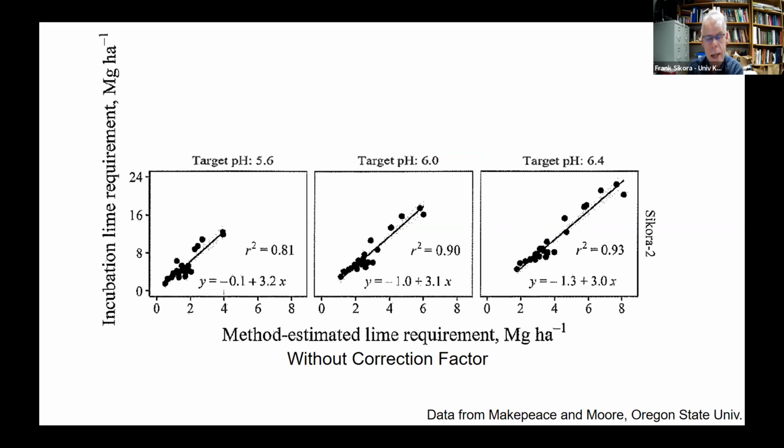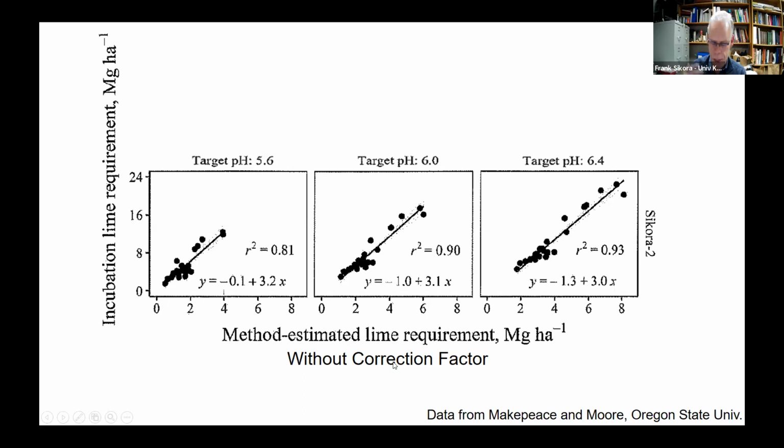They had a calcium carbonate incubation study on Oregon soils, and they did the Sikora 2 method on these soils. And the graph you're seeing here is the incubation lime requirement from the calcium carbonate incubation versus the method estimated lime requirement without the correction factor.